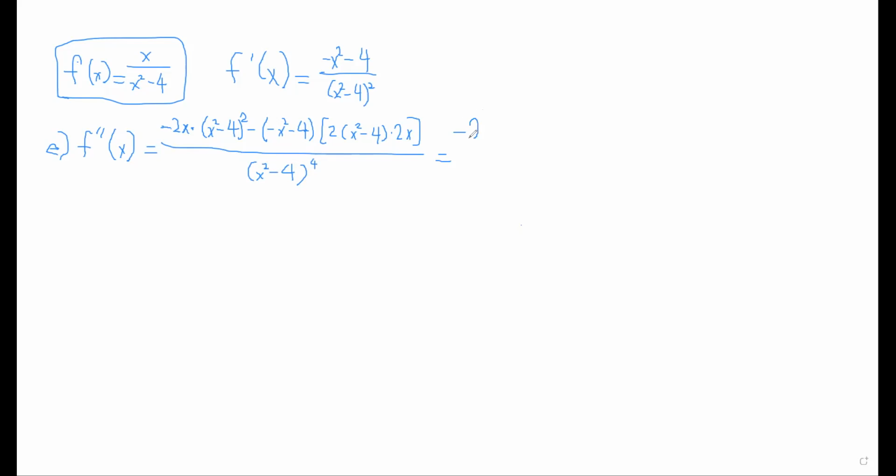Negative 2x times x squared minus 4. I'm just simplifying, factoring out x squared minus 4 on all sides of the equation. Plus x times 4x.